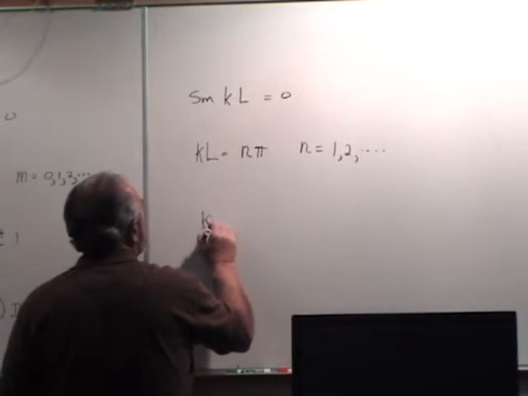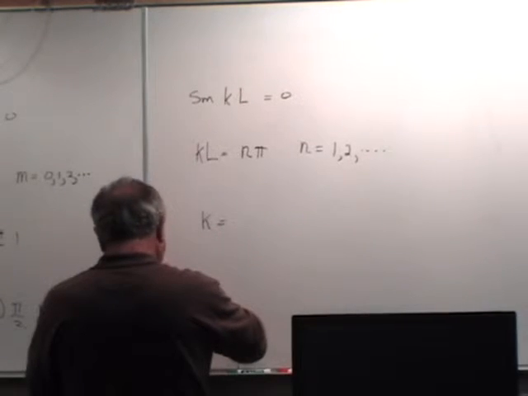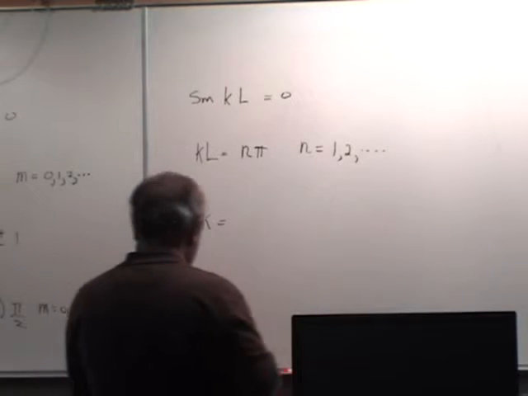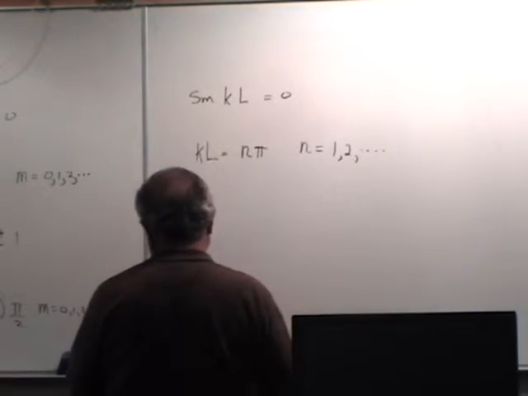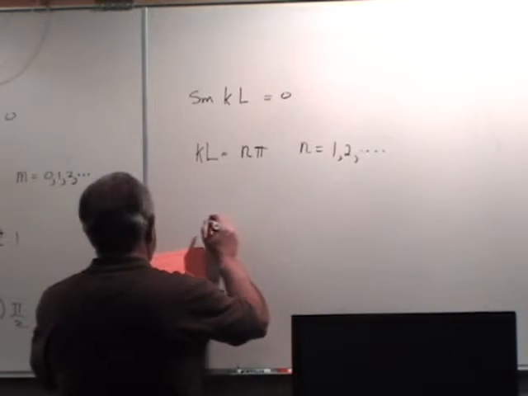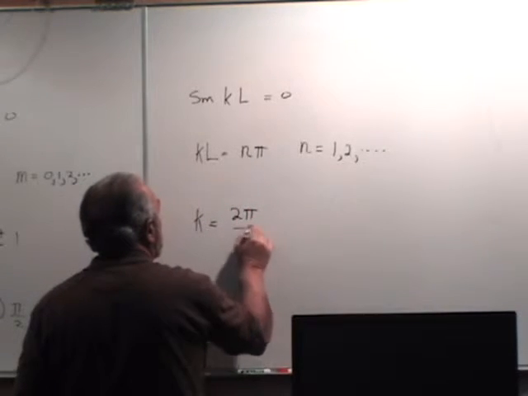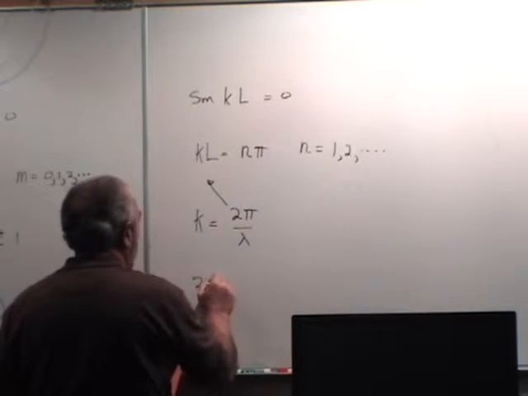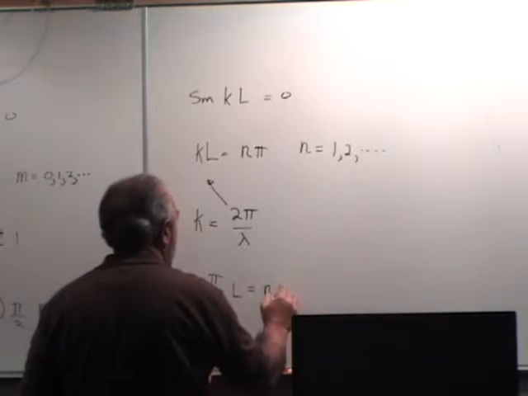So k equals... before I wrote that, I wrote this. So I have that, okay. K equals 2 pi over lambda, so I can insert that right here, and I get 2 pi over lambda L equals n pi.